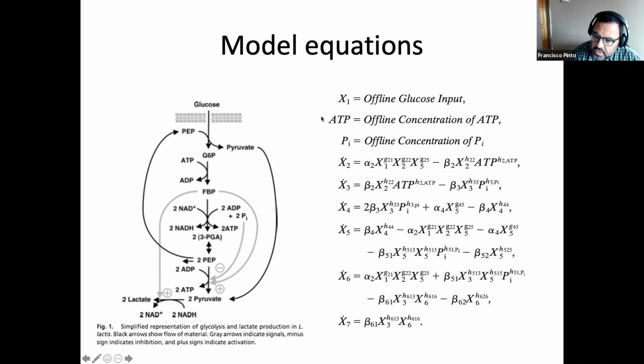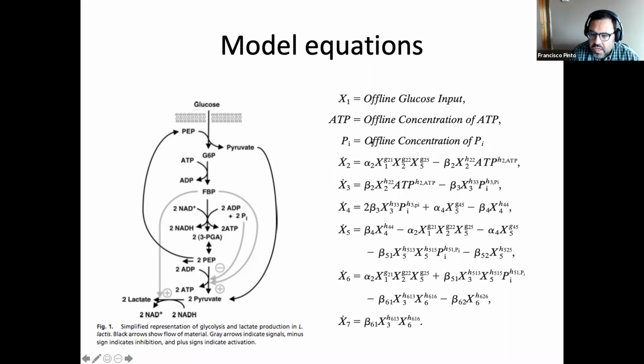models, the exponents of each... so in this case, X2 is formed, so glucose 6-phosphate is formed by the conversion of extracellular glucose into glucose 6-phosphate. So the rate at which this process occurs depends on a kinetic constant, a rate constant. And then you have all the other components of the model that influence this rate.